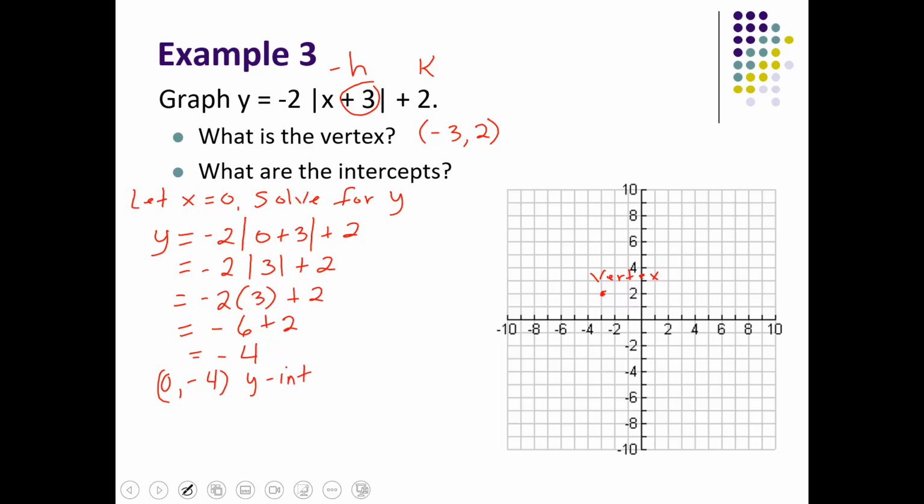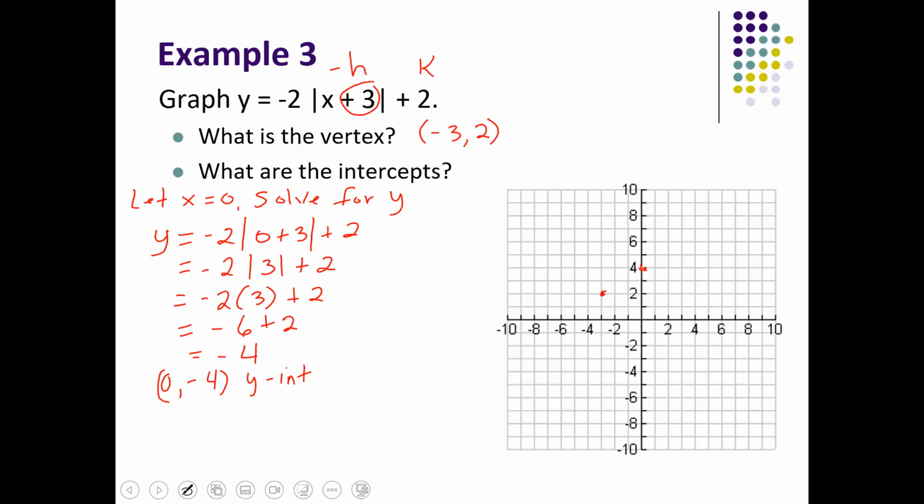So we place that on the graph, which is on the y-axis. Let's move that word vertex out of the way. 0, 4 would be right here.